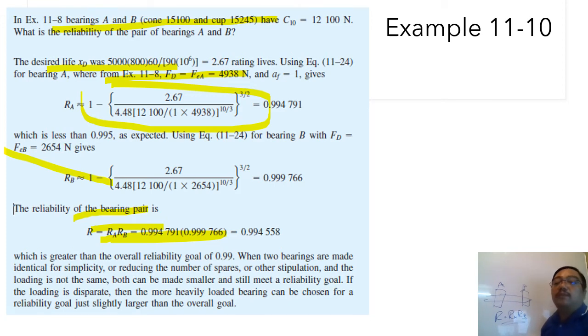That is why the equation is RA RB. Because you have two bearings. If you have three bearings, four bearings, it becomes RC and RD and so on.